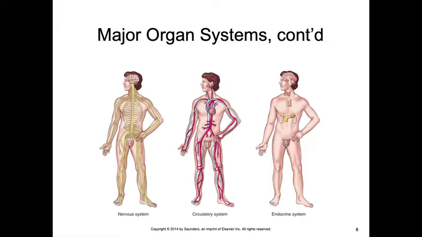Okay? If we didn't have that oxygen, we wouldn't be able to make as much energy, and we would likely die. In addition, the blood also carries away waste products that build up in the body so that they can be cleared and eliminated by a few systems we're going to talk about in a minute: the urinary system and the respiratory system. Okay?